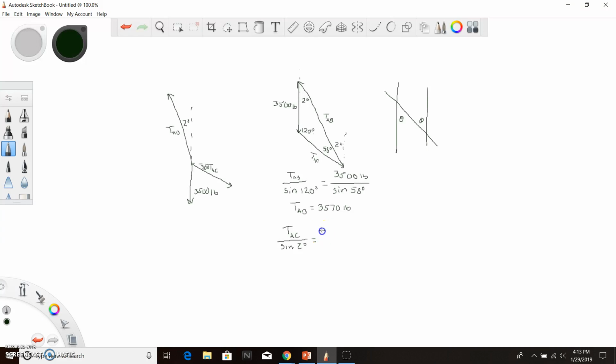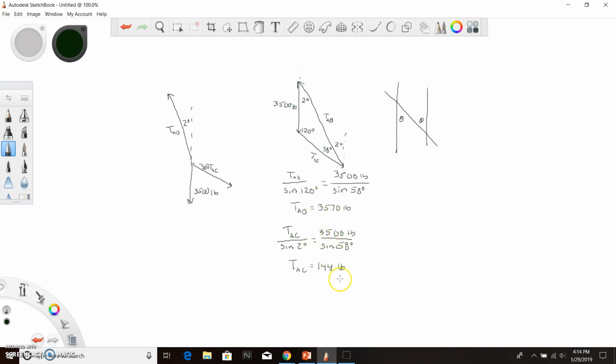So let's just do that. So 3,500 pounds divided by the sine of 58 degrees, and I'm going to get a value for TAC. Okay, and that's going to be 144 pounds of tension.